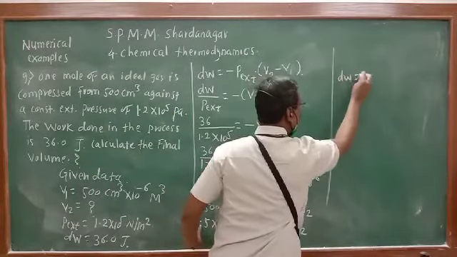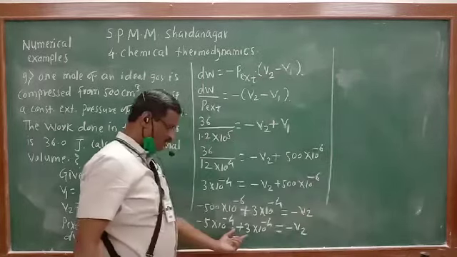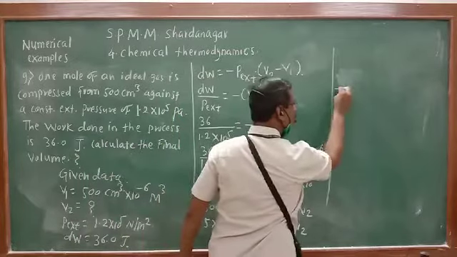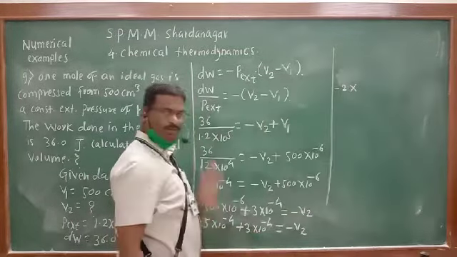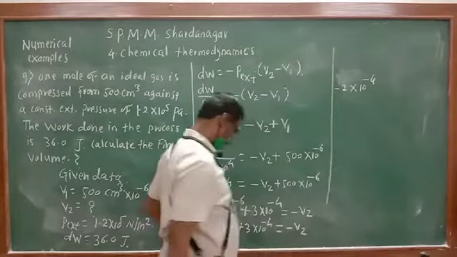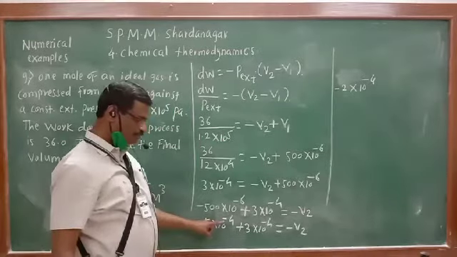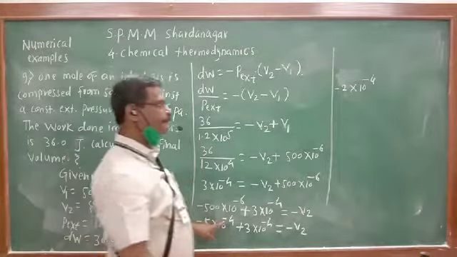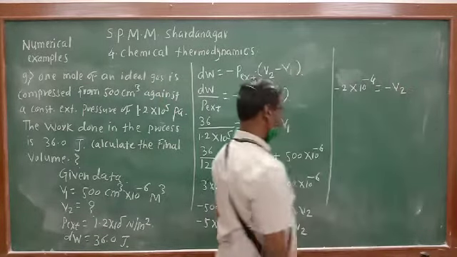That is minus 2 into 10 raised to minus 4 common, so it is minus 2 into 10 raised to minus 4 will be equal to minus V2.